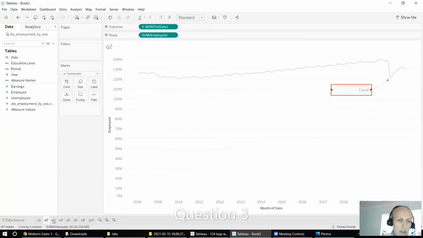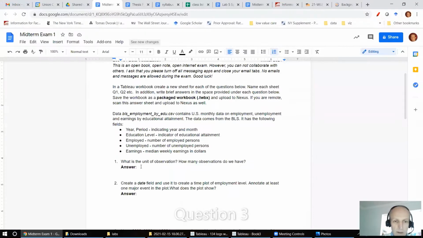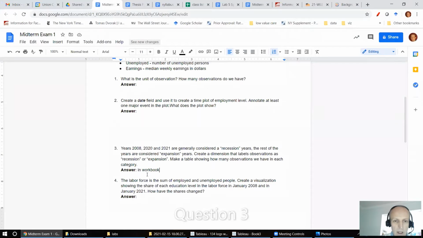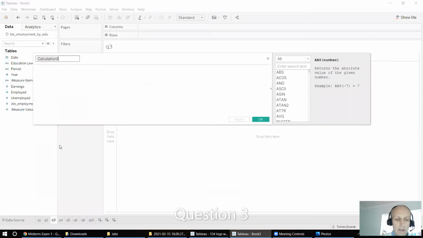In question 3, we're supposed to create a dimension that labels observations as recession and expansions. So let's do that. Let's create a calculated field, call it recession versus expansion.